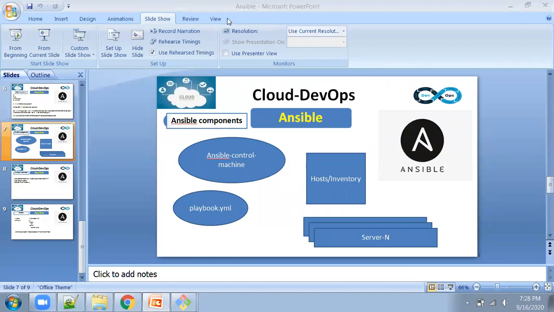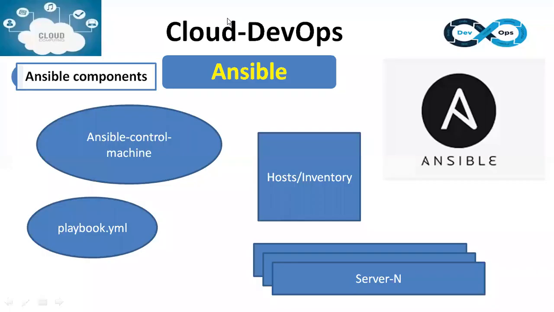The HOSTS file is where we define the list of servers, and there is no limit to the number of servers. You can mention their IP addresses or their DNS server names in this HOSTS file.